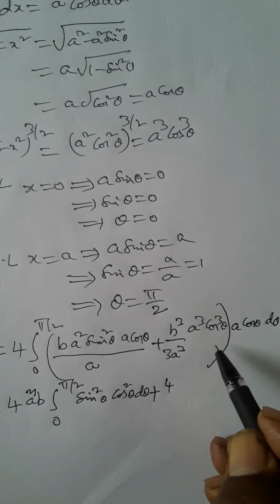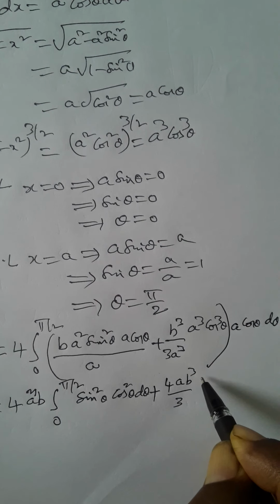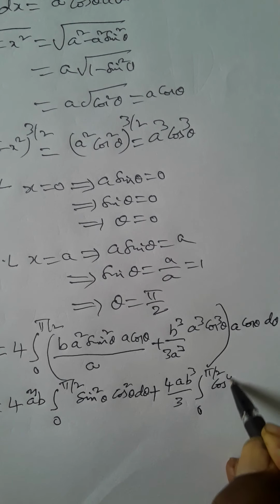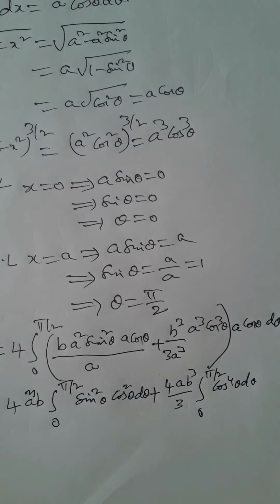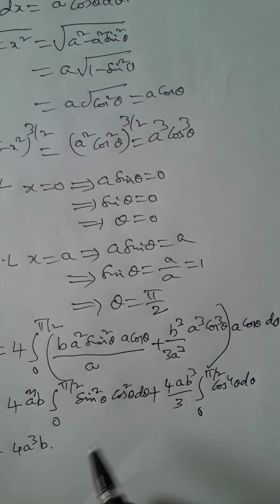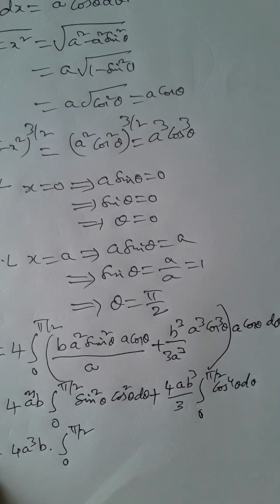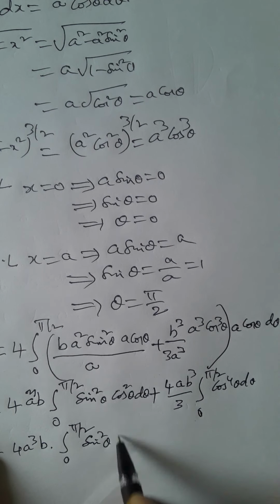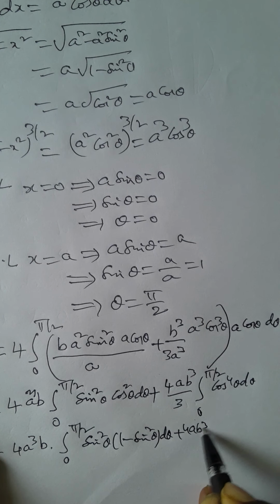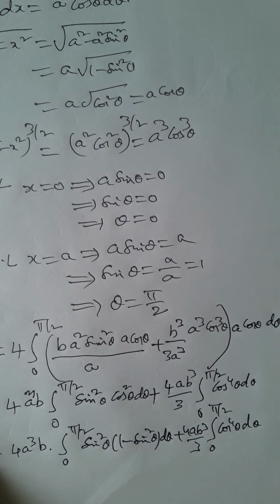a cube cancels, giving ab cube by 3 integral 0 to pi by 2 cos power of 4 theta d theta. So 4a cube b integral 0 to pi by 2 sin square theta into 1 minus sin square theta d theta, plus 4ab cube by 3 into 0 to pi by 2 cos 4 theta d theta.